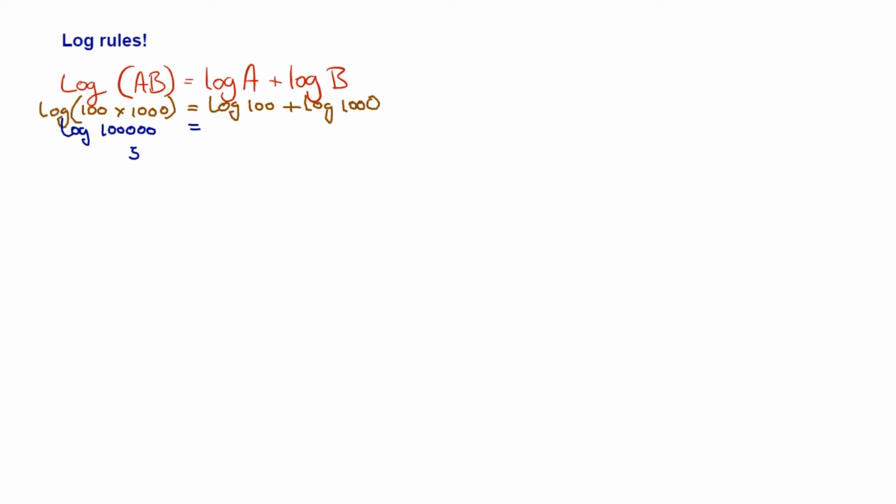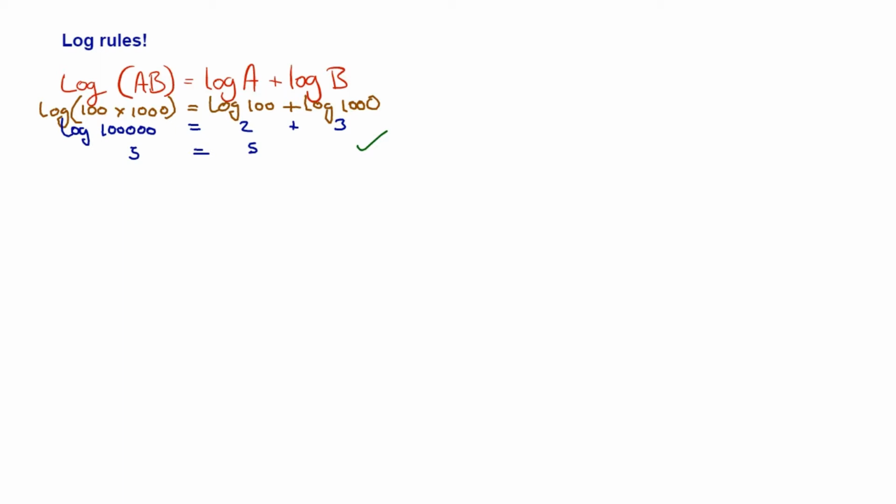The log of 100: you have to raise 10 to the power 2 to get 100. And the log of 1,000 is 3, because 10 to the 3 is 1,000. So, sure enough, 2 plus 3 is 5. So we can see this rule works, and it makes clear sense using that example why it must be true. Of course, this is true for any numbers, and for natural logs as well, which I'll come back to.